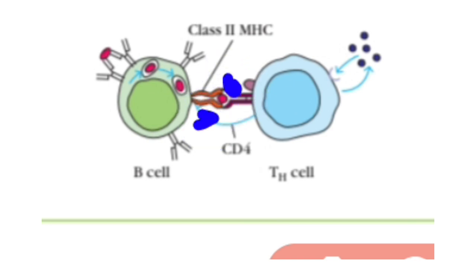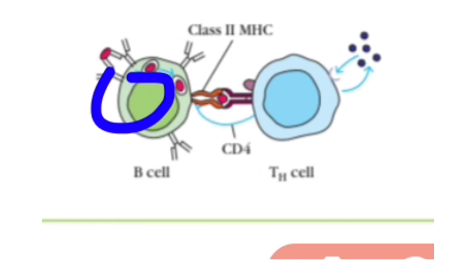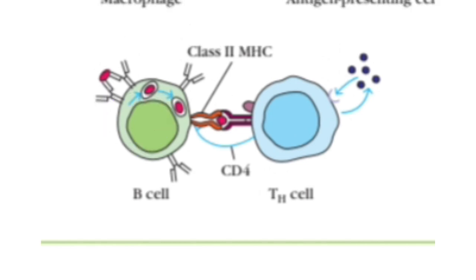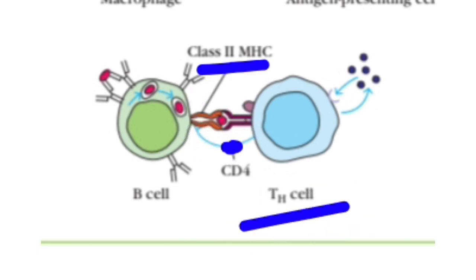This small red dot indicates the antigen. It is processed by this B cell. The B cell has a receptor and it binds with this antigen, processes it, and presents this antigen with class 2 MHC molecule to the T cell. Later in this video we will see in detail about the functions of T cell.